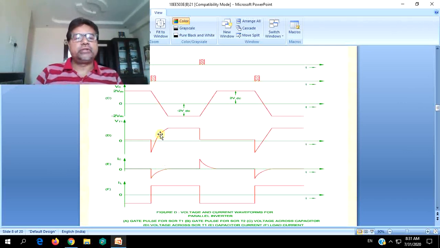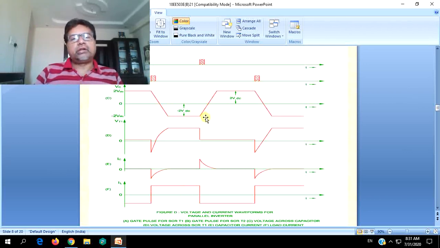This will be fed to SCR1, so it will be turned off, and SCR T1 will be blocking the voltage. During this period, voltage will be supplied to the load via SCR2, and when SCR1 was conducting, the load current was negative, and during the conduction period of SCR T2, the load current will be positive.